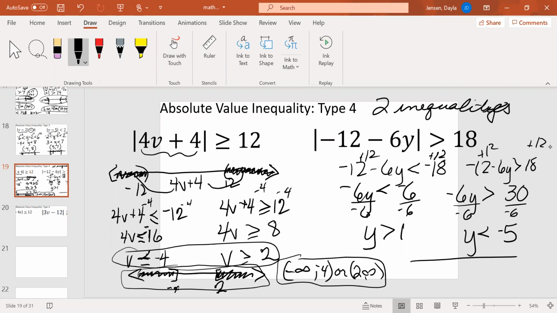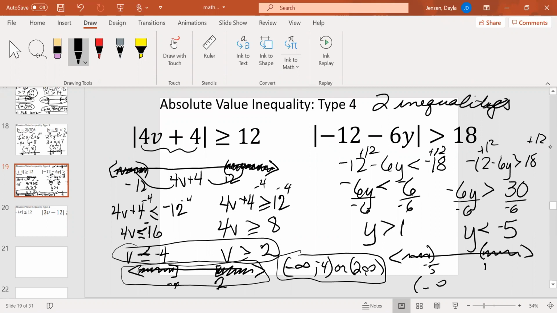It has to be less than negative 5, so it's going to be here. It has to be greater than positive 1, so it's going to be here. And my interval, negative infinity to negative 5 and 1 to infinity. So when my absolute value inequality is greater than, like in this example, you need to write 2 inequalities.